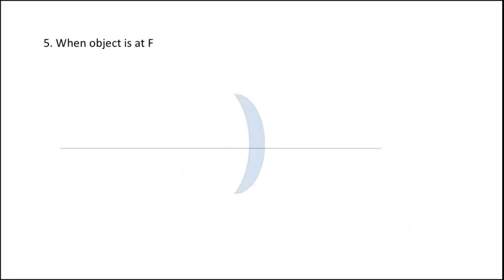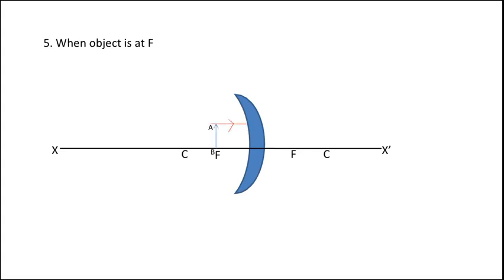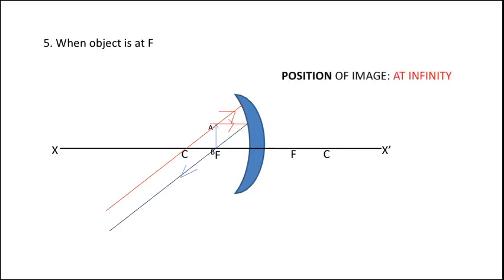And in diagram number 5, the object is kept at the focus. Rule number 1 remains the same. We use parallel light, which will pass through the focus. Second, the ray through the center of curvature retraces its path, and you can see, surprisingly, that both the rays are not meeting each other on either side, neither at the back side nor the front side. They are parallel to each other.